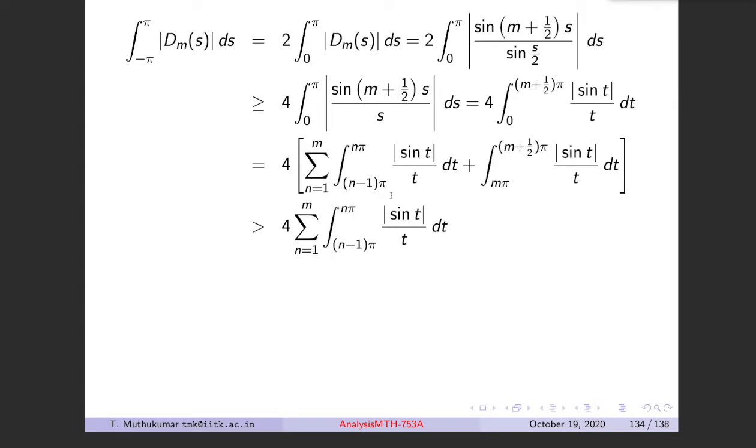So we throw away the last part with this inequality sign. And here we have used the fact that t is less than n pi, so 1 over t is greater than 1 over n pi, and that's what we have used here.